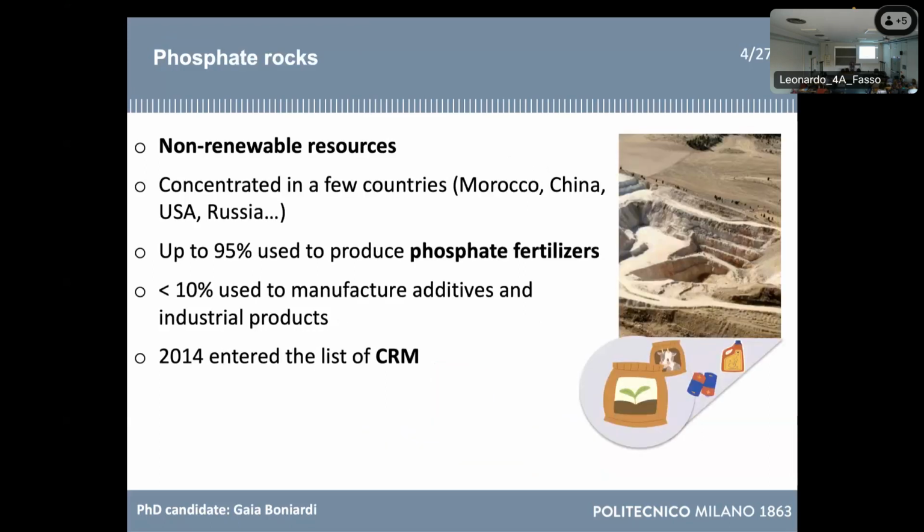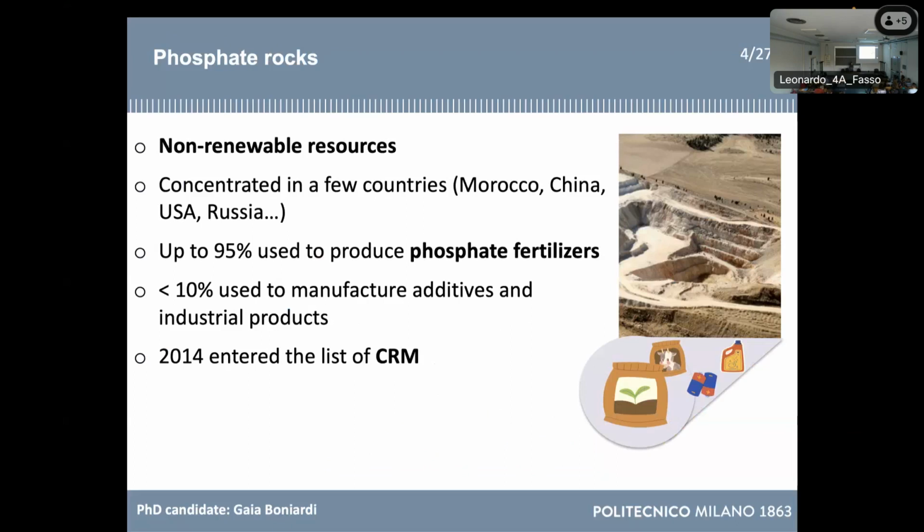At the same time, we have the phosphate rocks, which are non-renewable resources. They are concentrated in few countries like Morocco, China, US, and Russia. You can see a picture of phosphate rocks located in Morocco. More than 90% of the mined phosphorus is used to produce fertilizers, while the remaining part is used to manufacture additives and industrial products such as animal feed, batteries, or detergents.